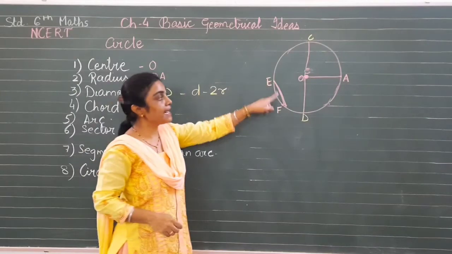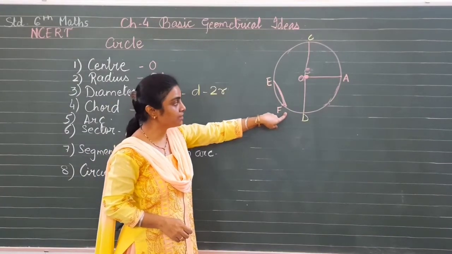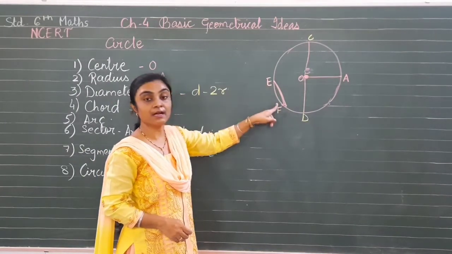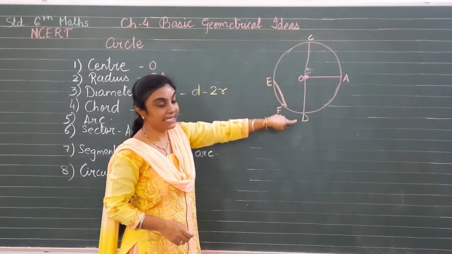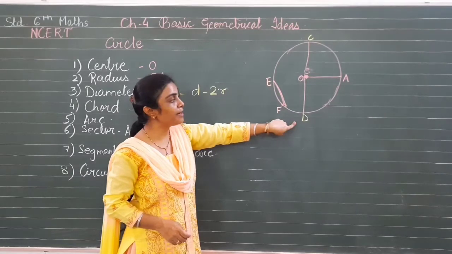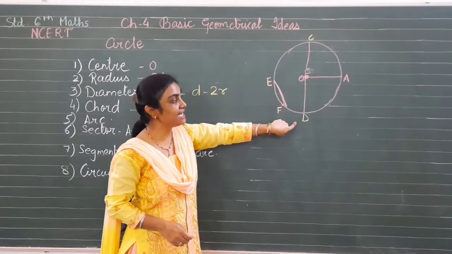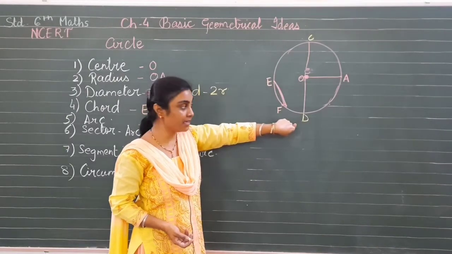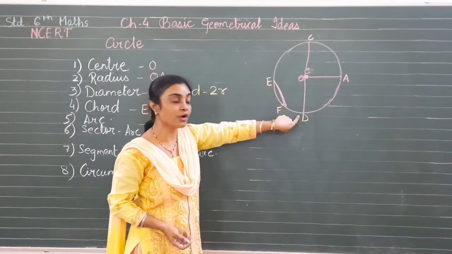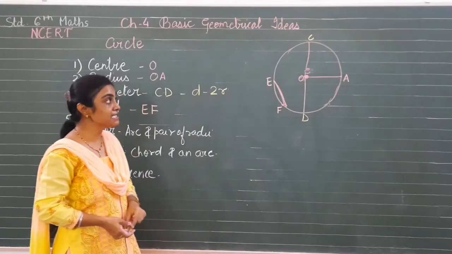That means it connects any 2 points on the circle. Even CD, C and D, are also 2 points on the circle. So CD is also a diameter and also a chord of the circle. In fact, it is the longest chord of the circle.